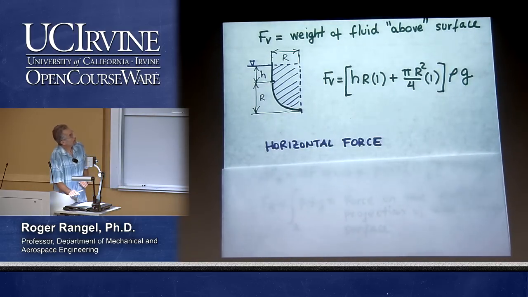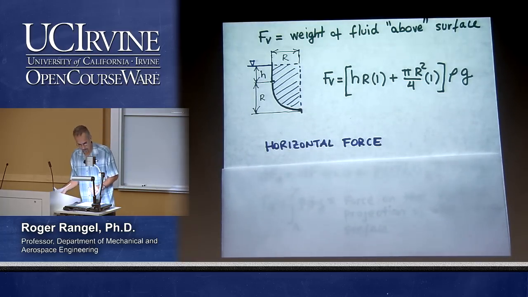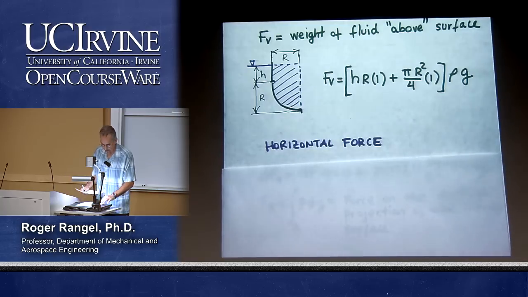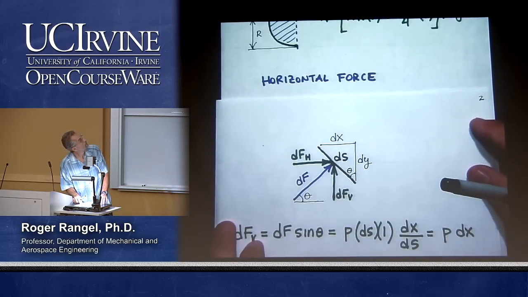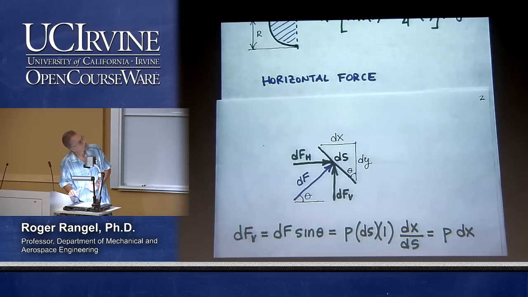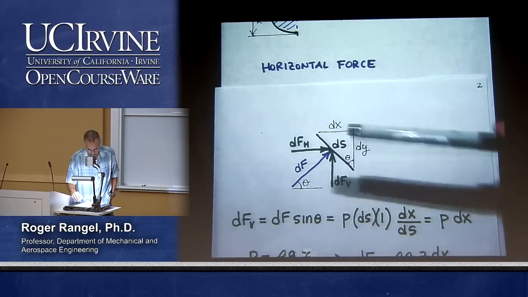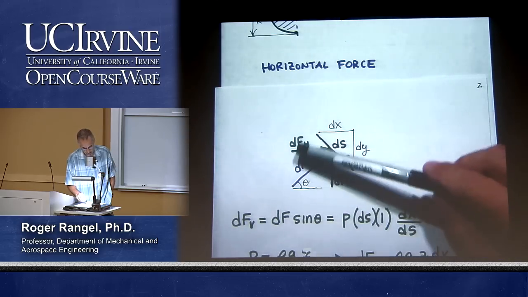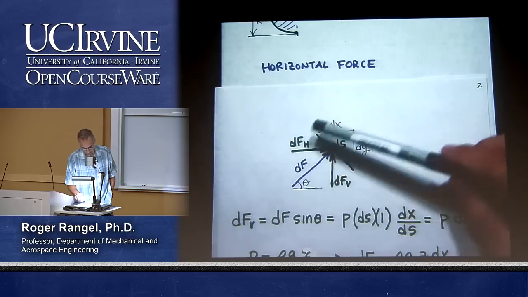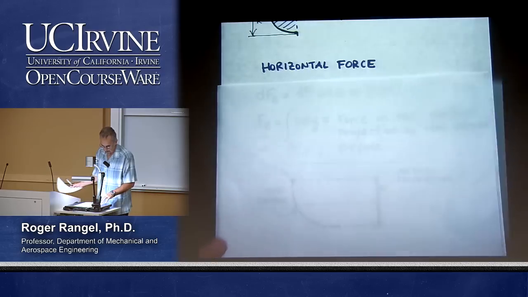So how do we compute the horizontal force? Well, we do the same thing. We go back in reference to this diagram. Now we're interested in computing the horizontal force, F_H.